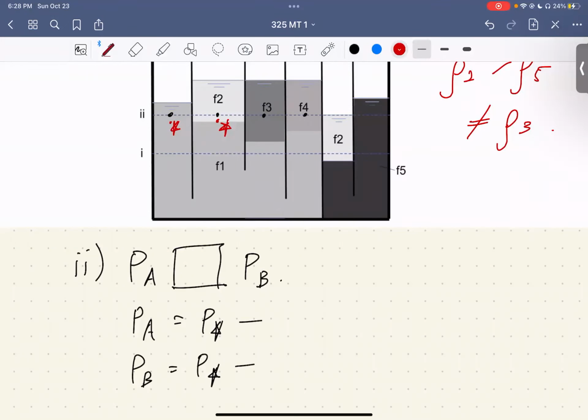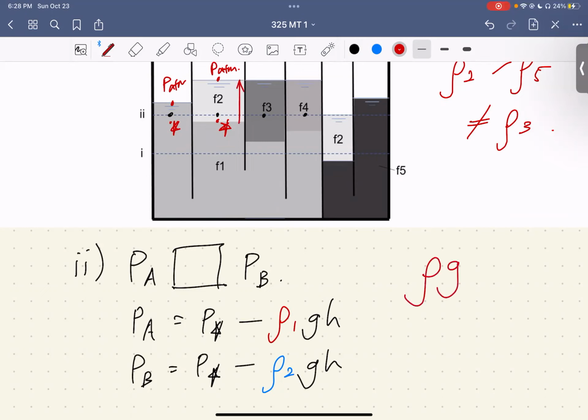Now we have rho 1, and we have rho 2, gh. Remember that we just talked about rho. We know this point right here is P atm, right? So if it takes more height through this fluid to get to P atm, rho gh, and we have the same pressure difference from this point all the way to here, this point all the way to here, it's the same change in pressure.